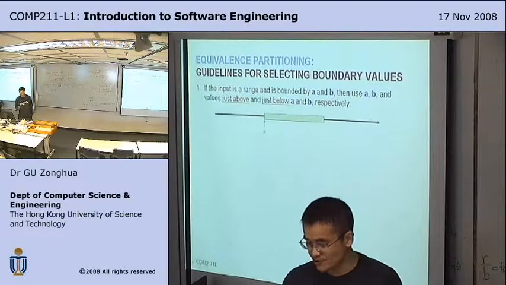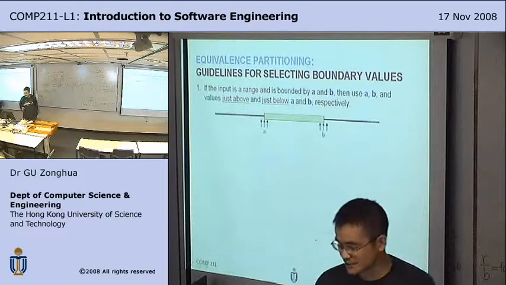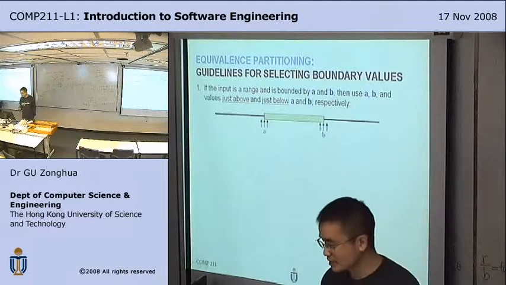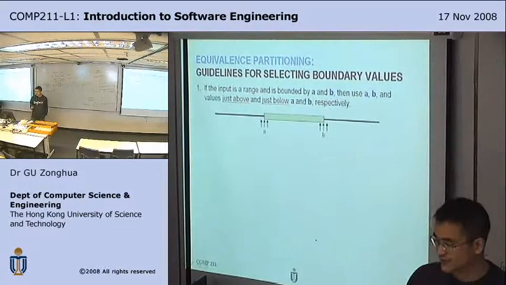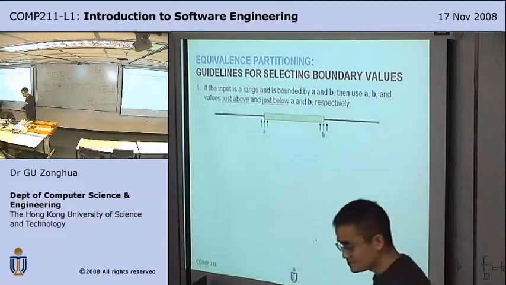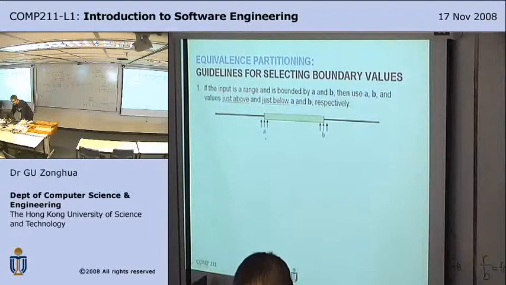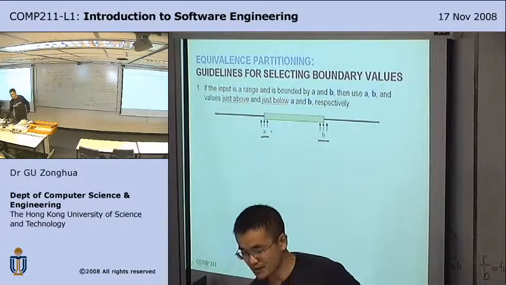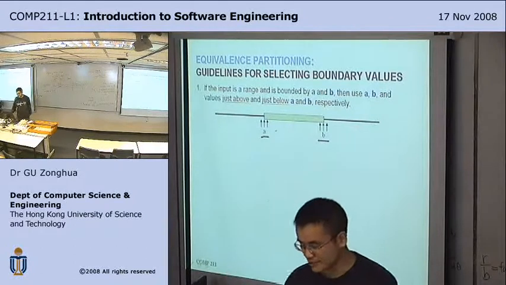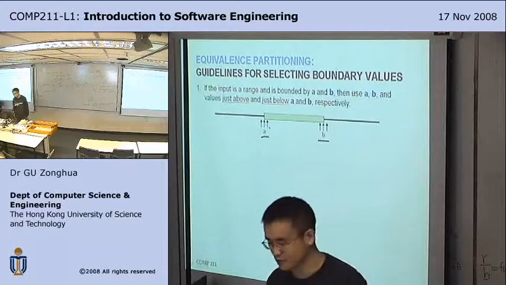If the input is a range bounded by A and B as the lower and upper bounds, then use A, B, and values just below and just above A and B. Suppose it's an integer range, then you try A minus 1, A plus 1, B minus 1, B plus 1.